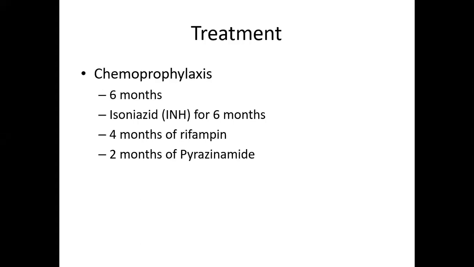Treatment: chemoprophylaxis, 6 months with isoniazid, rifampin, pyrazinamide, ethambutol, or streptomycin. These are called first-line drugs for treatment of TB.